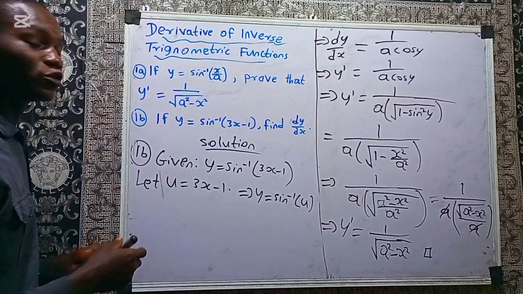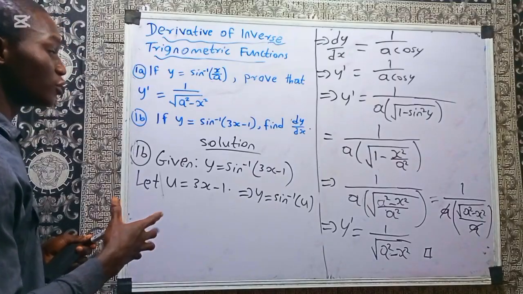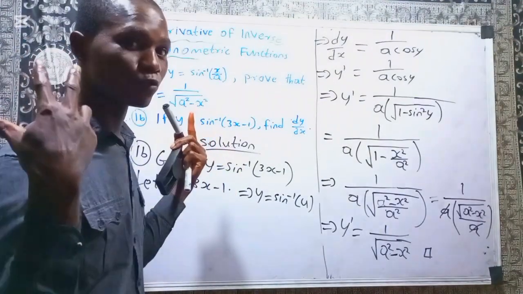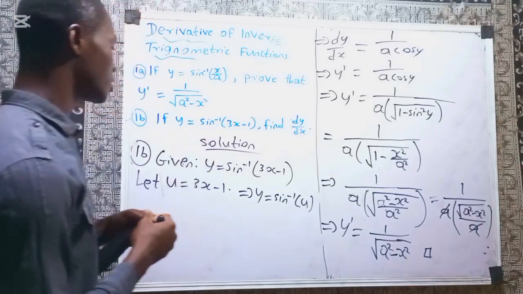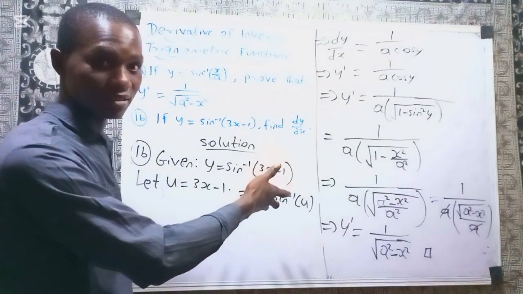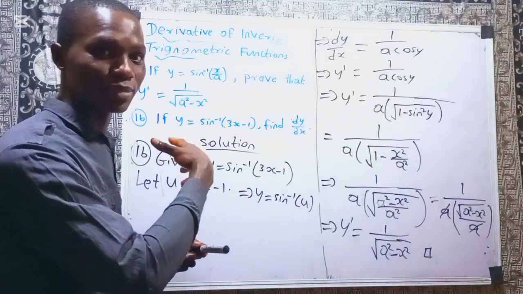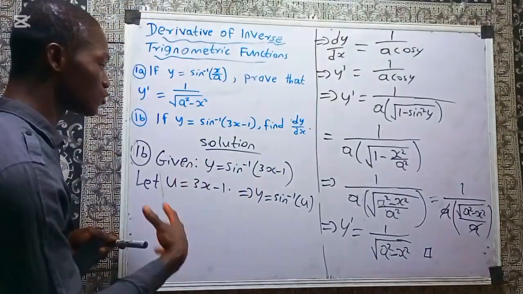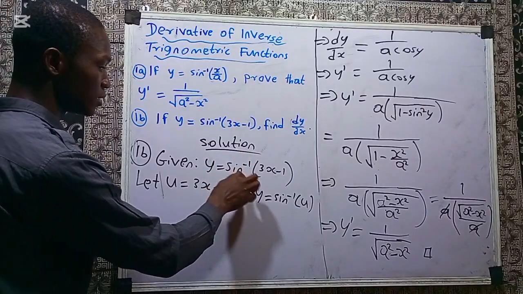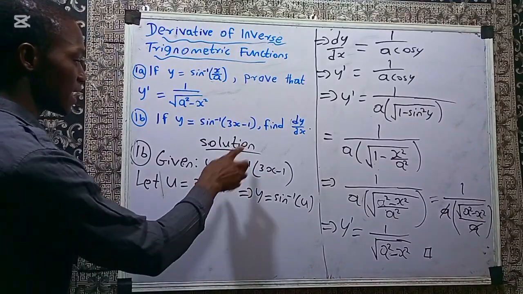Now what we want to use is knowledge of the chain rule, which says what? You differentiate the inside, then multiply that result by the derivative of this sine inverse.